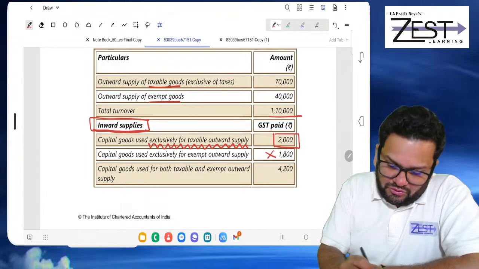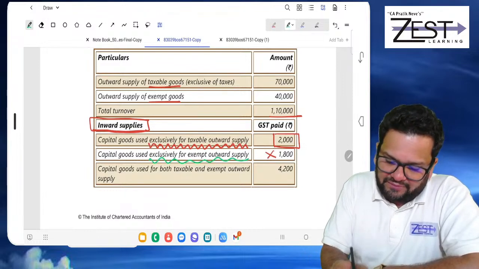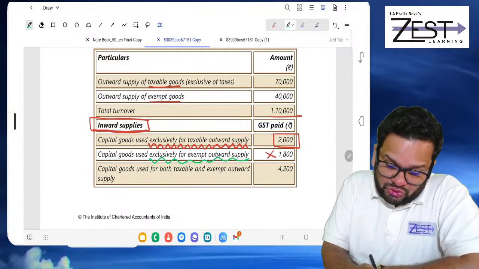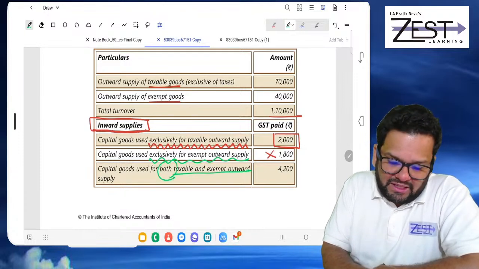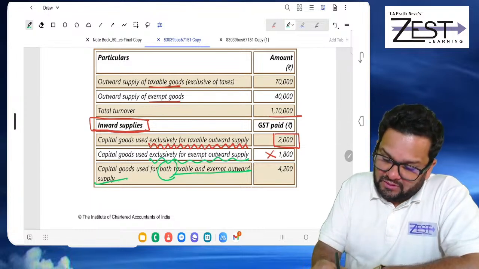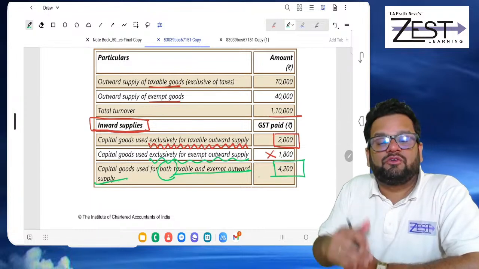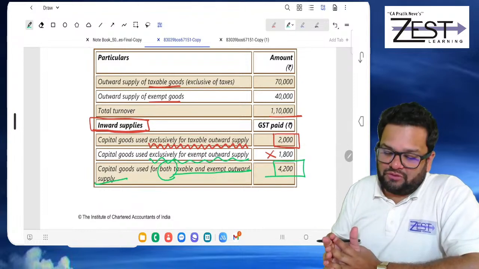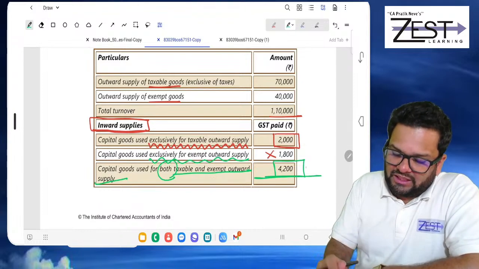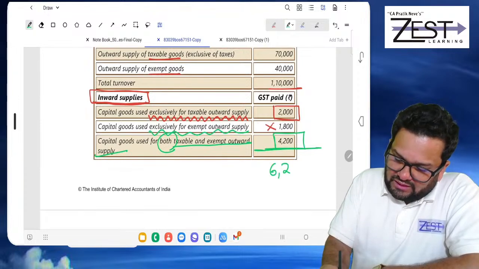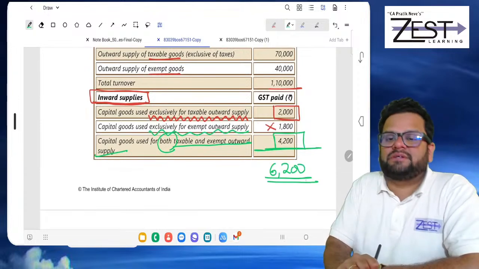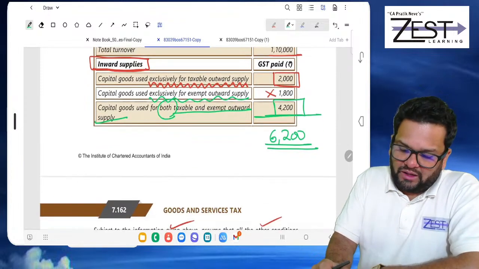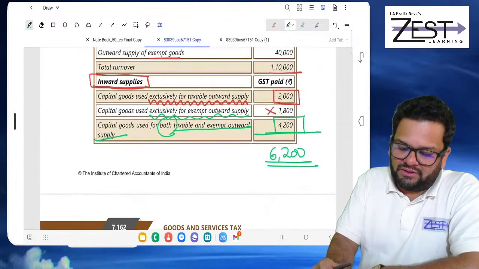And again, capital goods, but used for both taxable and exempt outward supply: first take, then don't. You have to do some operation after that. So how much are you taking? You are taking 6,200. Do you agree with me? If all of you have got till 6,200, let me know.